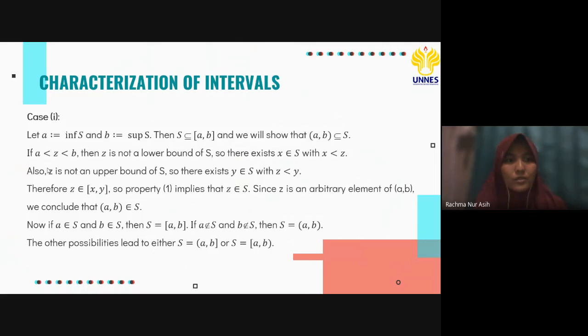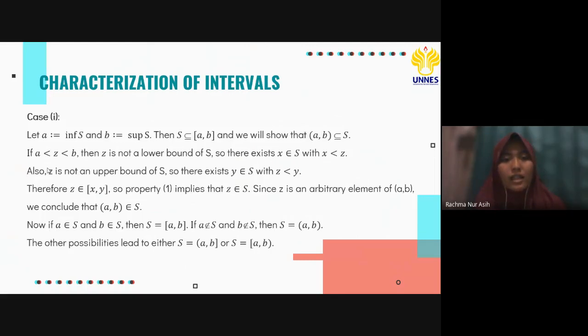For case 1, let a be defined as the infimum of S and b be defined as the supremum of S. Then S is a subset of the closed interval from a to b, and we will show that the open interval from a to b is a subset of S.